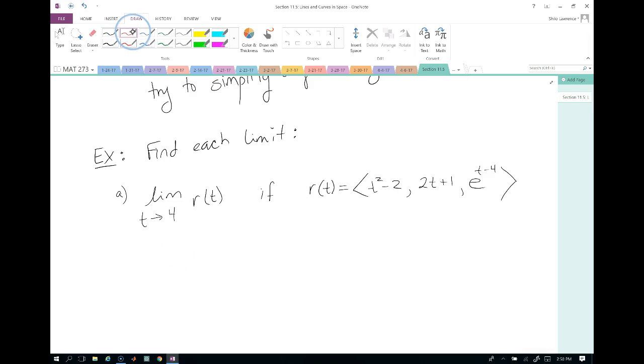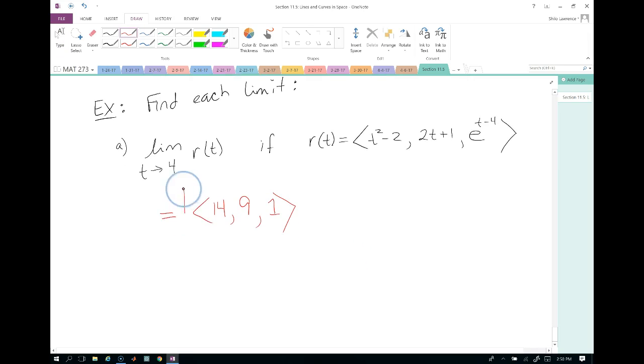When we try that, we get 4 squared minus 2, which is 14. 2 times 4 plus 1, which is 9. And then e to the 4 minus 4, which is e to the 0, which is 1. So direct substitution works beautifully on this. And that should always be the first thing you try because it's the easiest thing to do. So we're done. That's our answer.